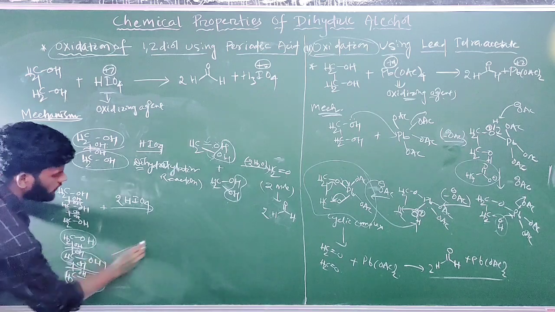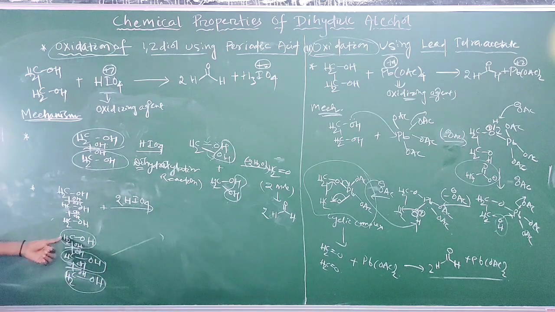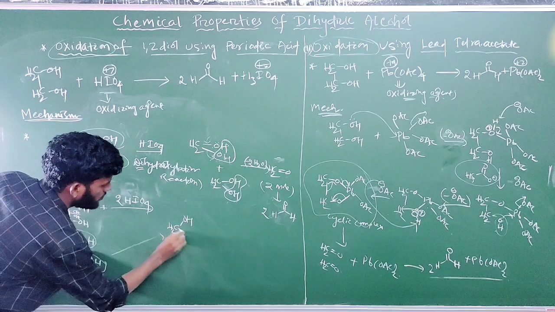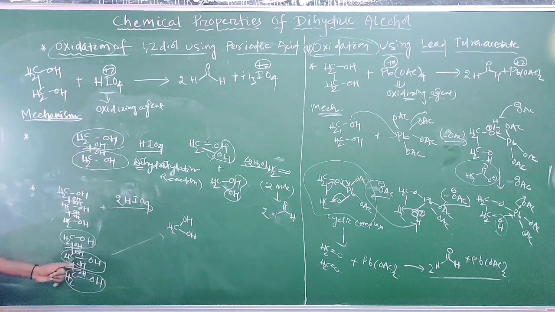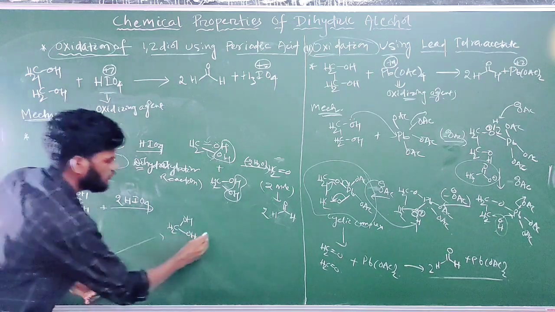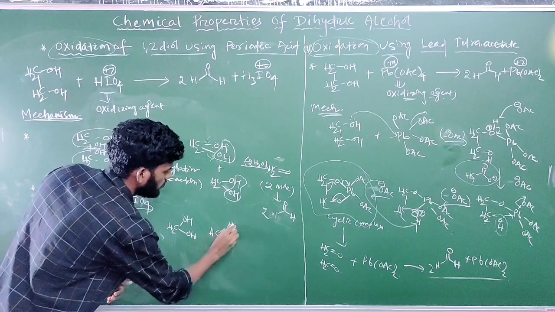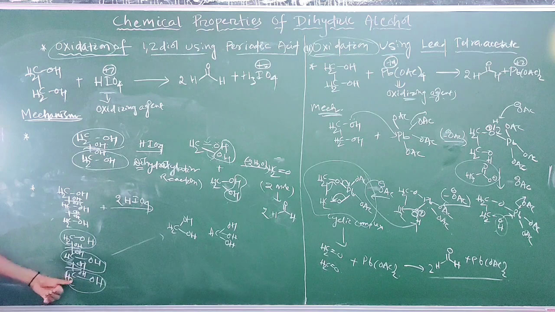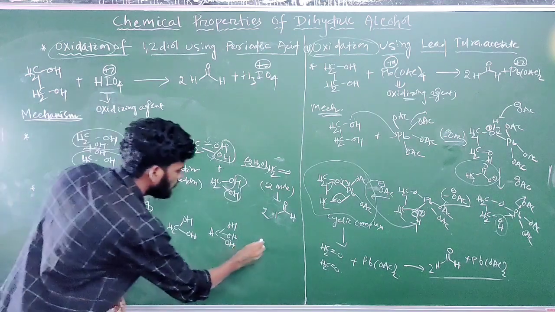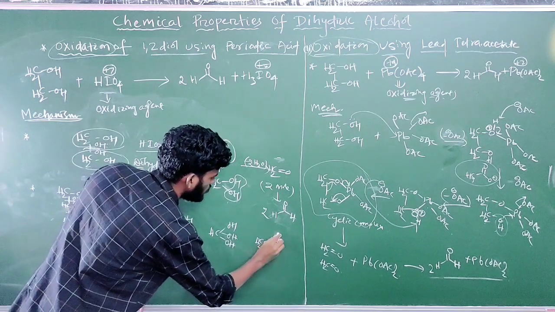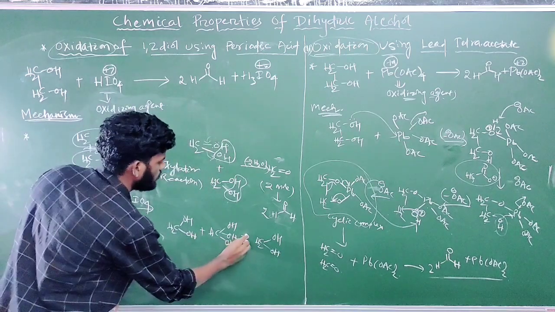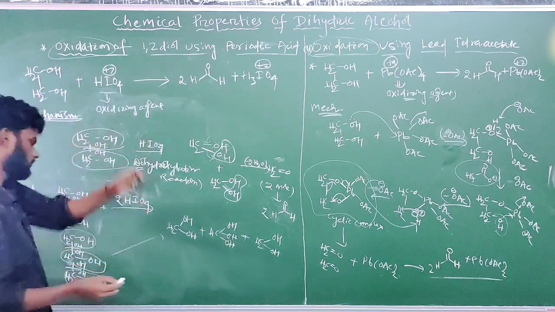Then what are the products here? CH2(OH)2, and here CH(OH)3, and here CH2(OH)2. This plus this plus this, these three products form.